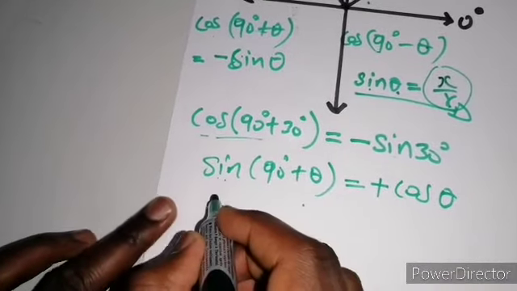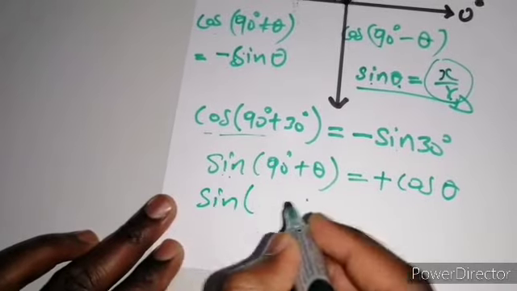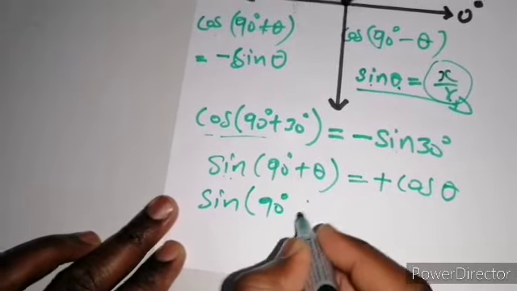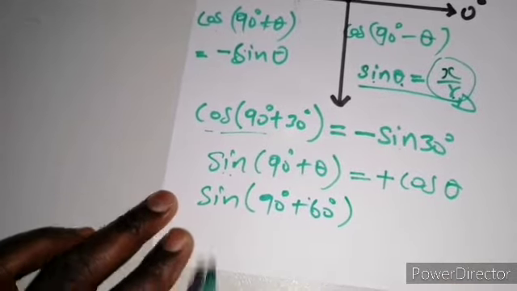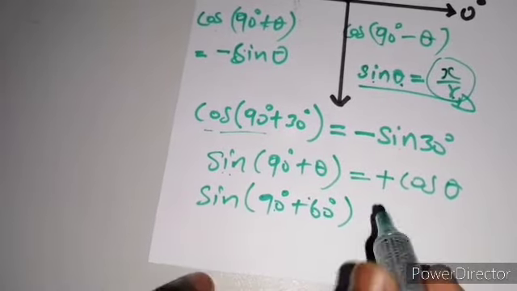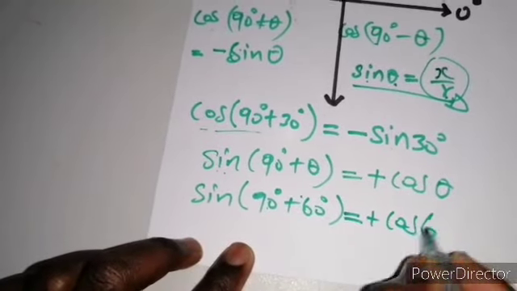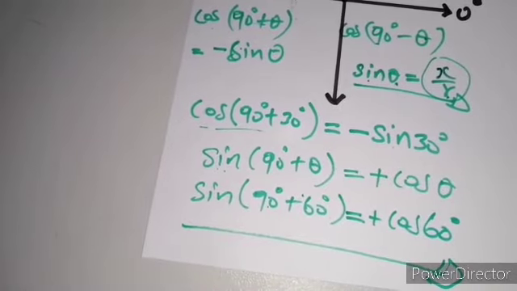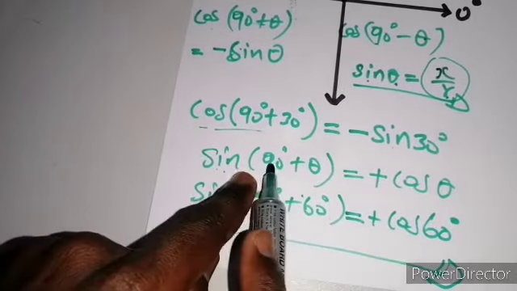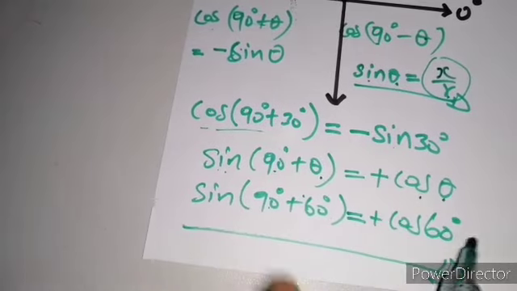With angles, we can show that this is true: 90 plus 60 degrees is the same as positive the cos of 60 degrees. That is all about cofunctions. Please, whenever you see 90 plus theta, it can be changed to cos of theta and vice versa.